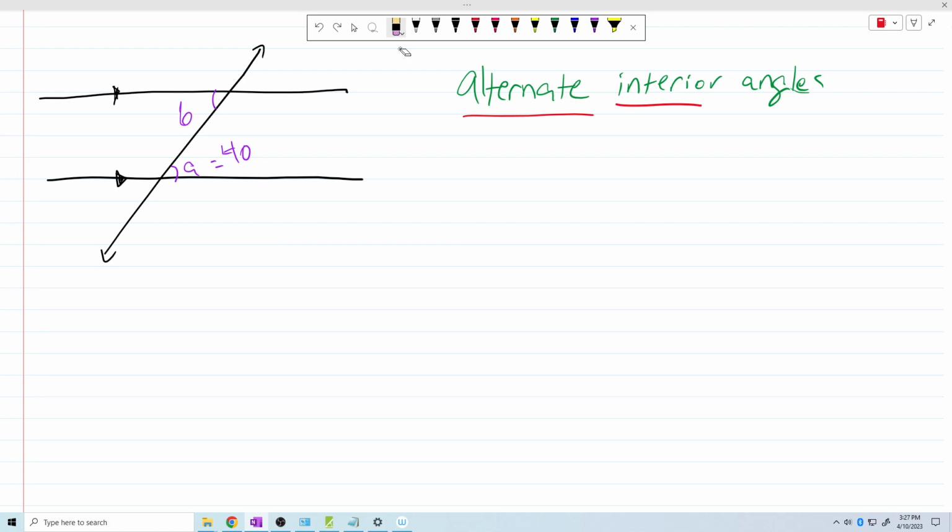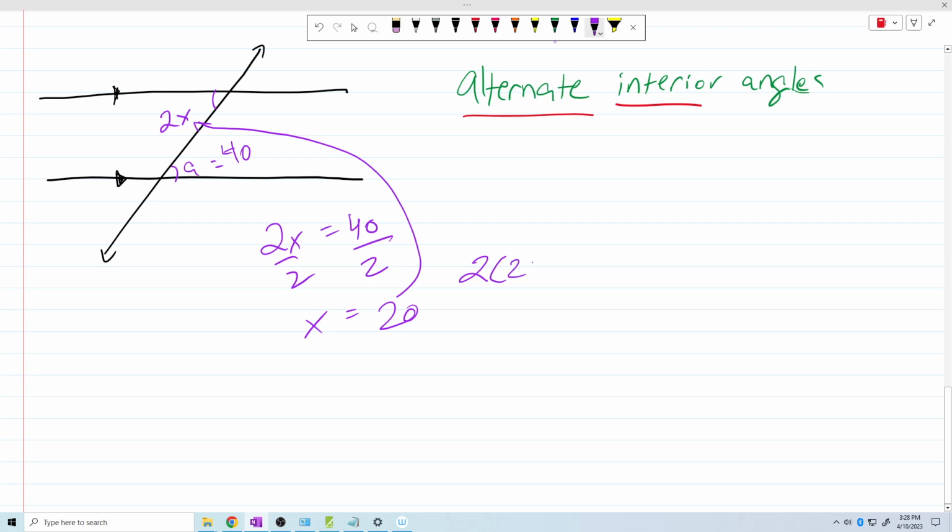Let's leave the 40 there, and let's say that this is, well, we can say 2x once again. Right, 2x equals 40. All right, divide 2, x equals 20. Plug 20 back in to x.